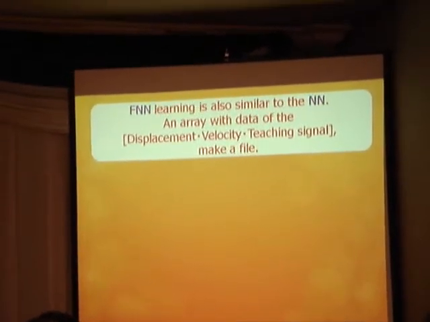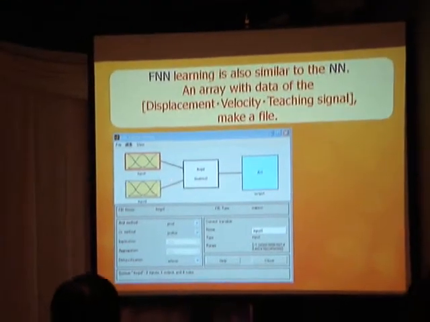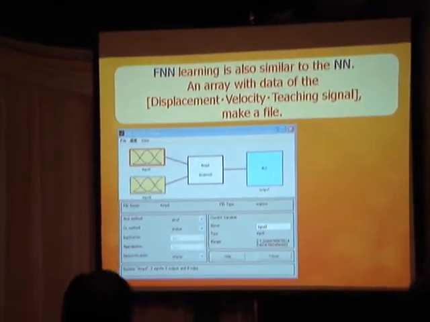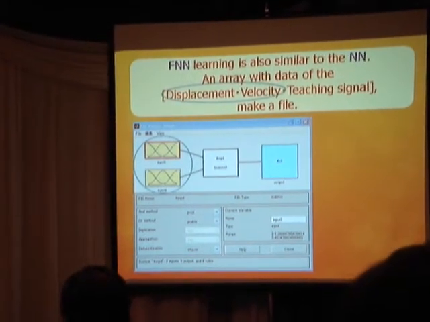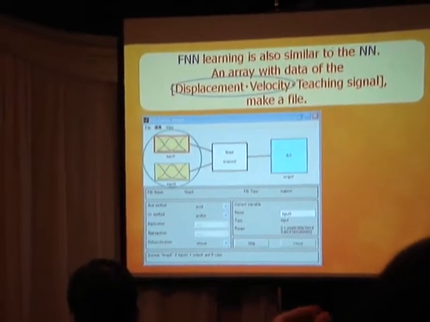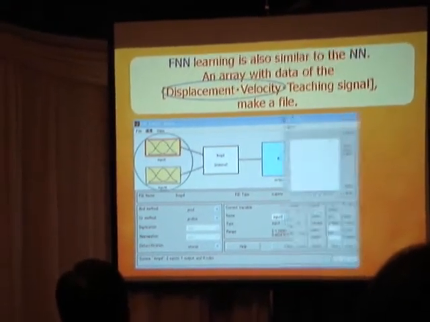Partial neural network learning is also similar to the neural network. This is a bias block. This part expresses 2 inputs, displacement and velocity. An array of the displacement, velocity, and DC signal makes a file.